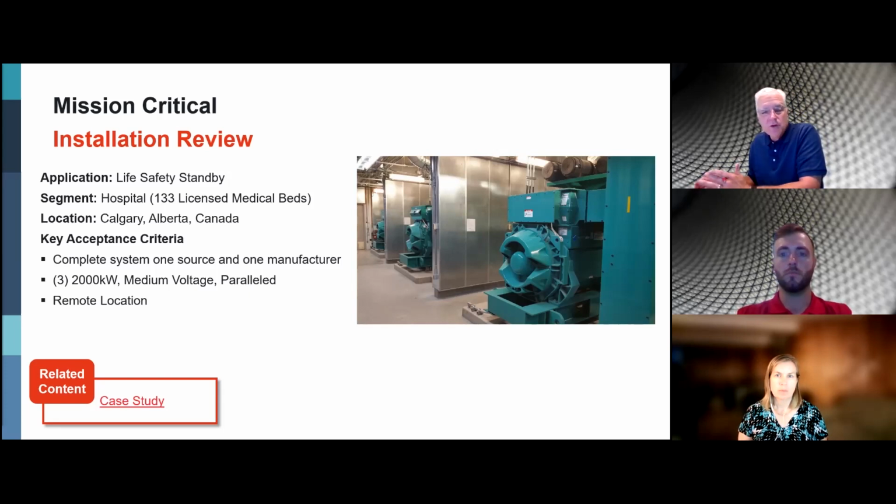Remote does mean remote in terms of distance. The power plant was 400 meters from the main campus. That's 1,312 feet for us. To accommodate this distance, medium voltage was applied. 4160 volts was applied from the power plant to the hospital penthouse, then stepped down to the 347/600 volt, as mentioned earlier.